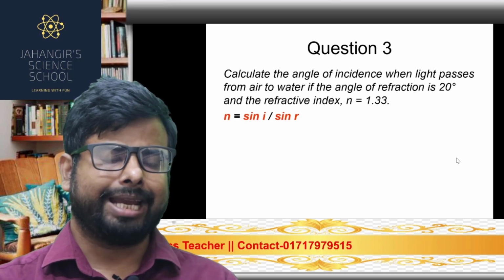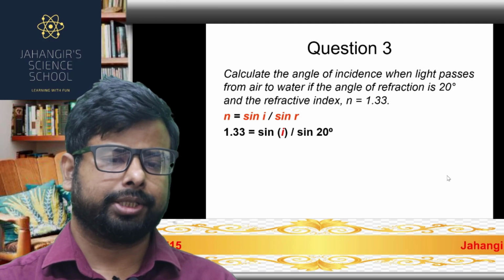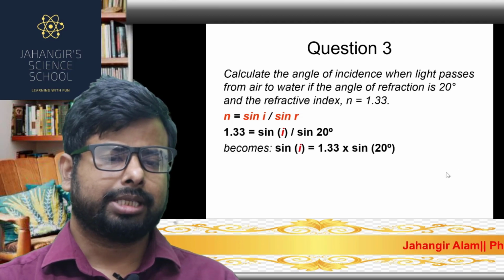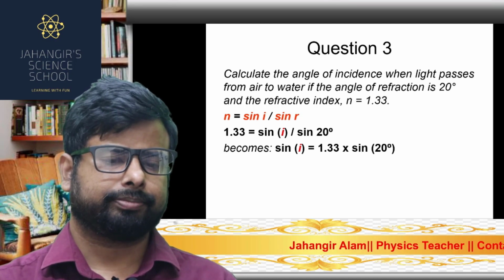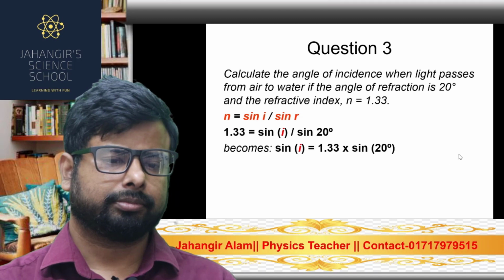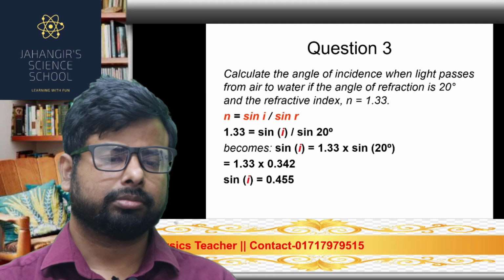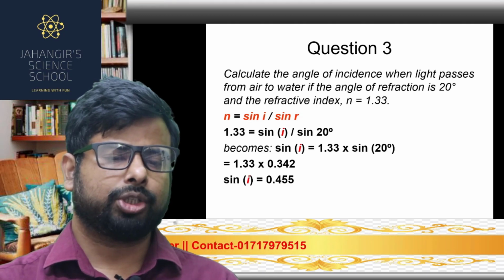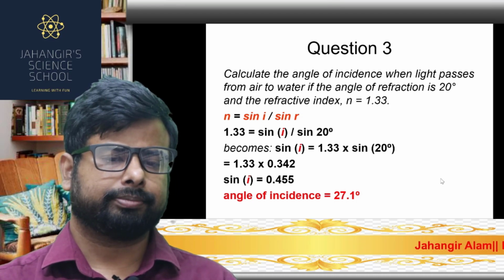Eta equals sin i by sin r. 1.33 equals sin i divided by sin 20 degrees. Sin i equals 1.33 into sin 20 degrees. So sin i equals 0.455. So the angle of incidence equals 27.1 degrees.